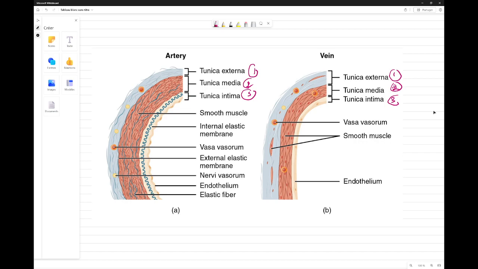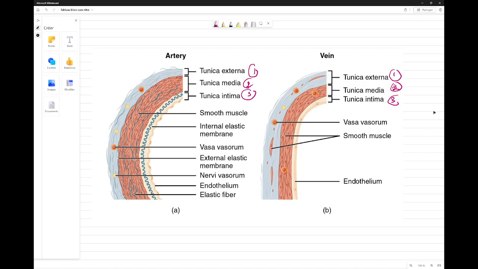As I can repeat, the vasa vasorum would be used to maintain blood supply to the different muscles and cells that exist within these structures. And the nervi vasorum helps with nervous system coordination, with the different temperature receptors within the skin, transmitting the information to the smooth muscle in the blood vessels for vasoconstriction or vasodilation to take place.